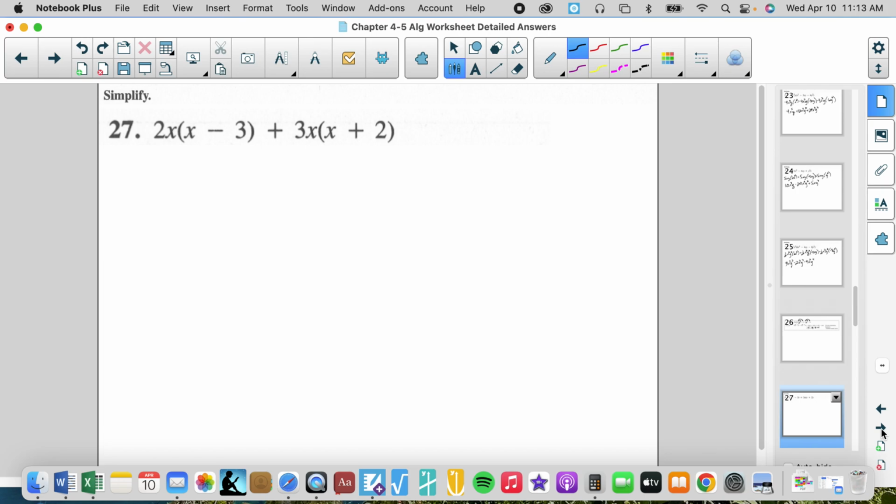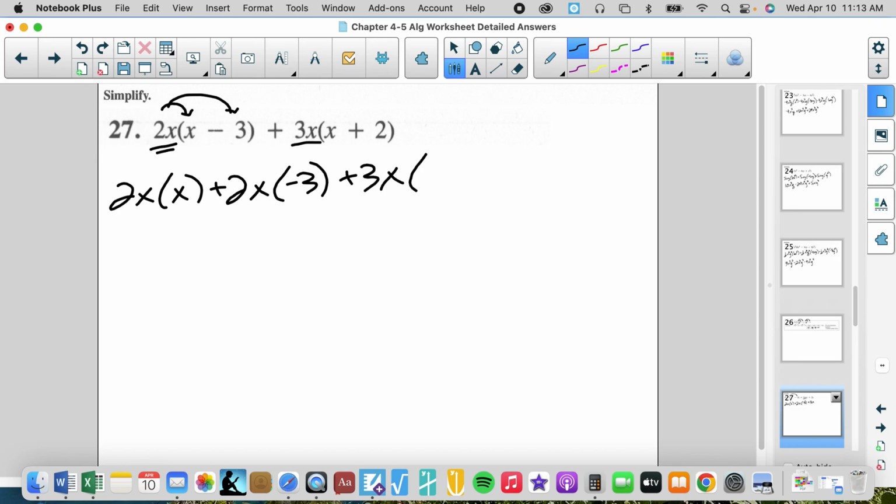So 2x times x plus 2x times negative 3. That's distributing these. And then we have to distribute the 3x. So that's plus 3x times x and plus 3x times 2. We're distributing the other term into the binomial.